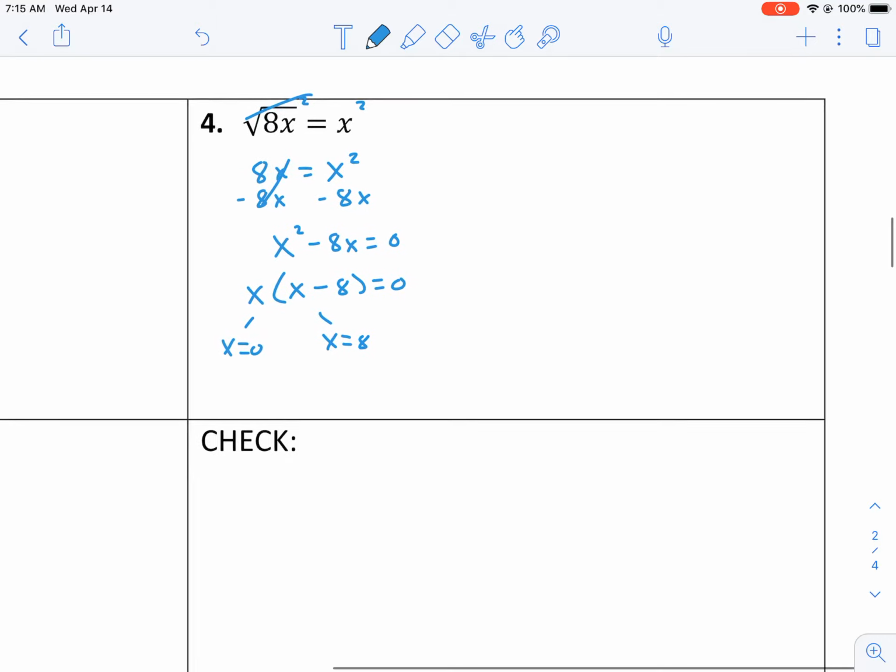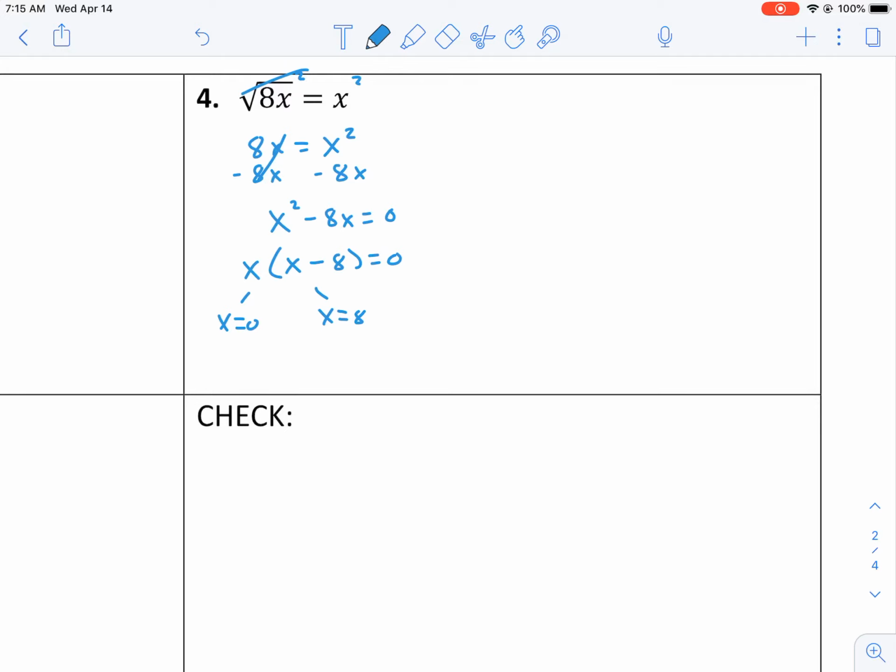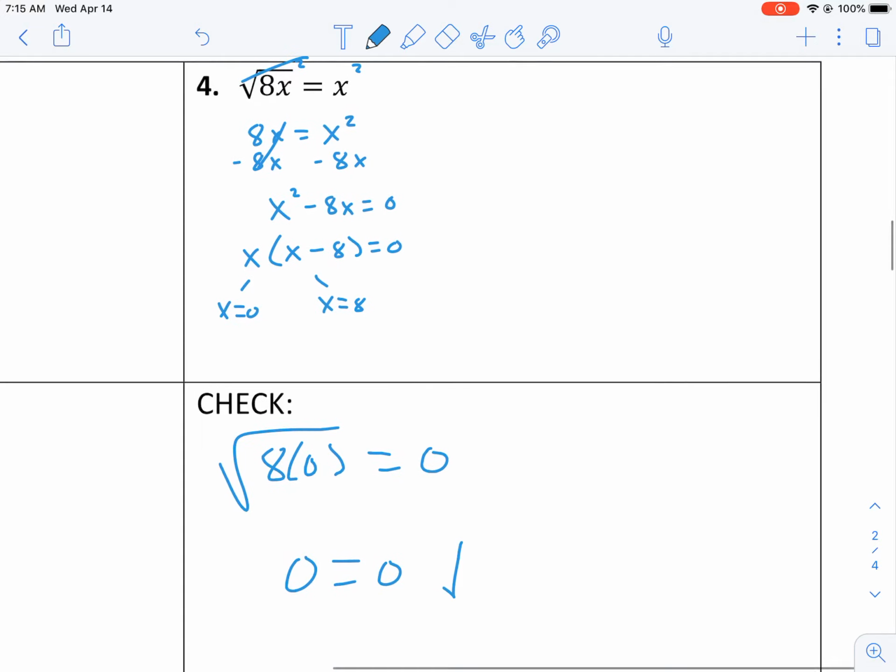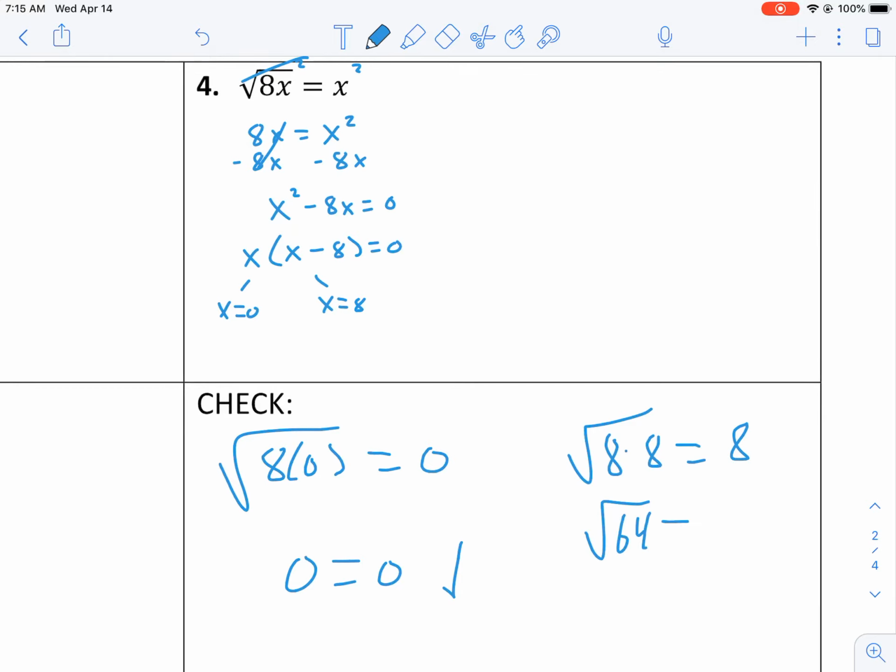Actually, they're both going to be real, but it's possible that that could happen. So we got the square root of 8 times 0 equals 0. That's 0 equals 0, so that one's good. And this one would be the square root of 8 times 8 equals 8, which is the square root of 64 equals 8, which is true. So here we didn't get any extraneous for that one.